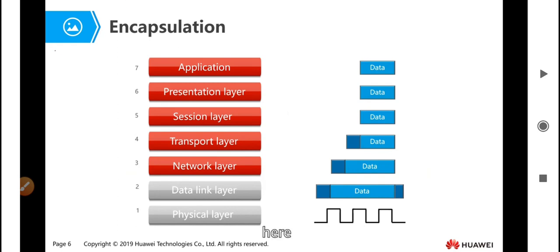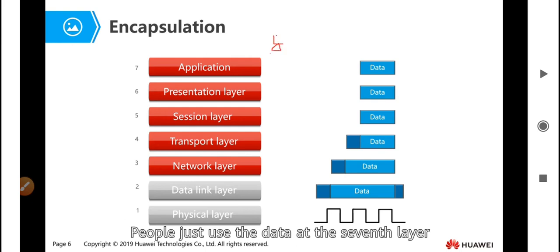Okay, here is the encapsulation of the data. That means, for example, we process the data from layer 7 to layer 1. The people just use the data at layer 7 to see the picture, to see the video, and this is the data.